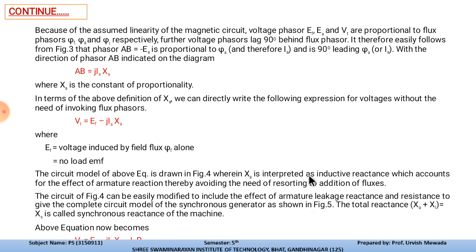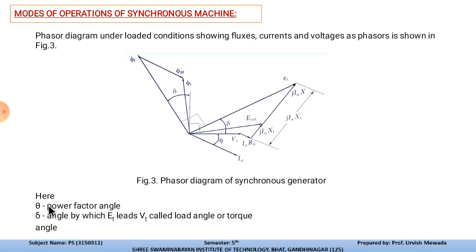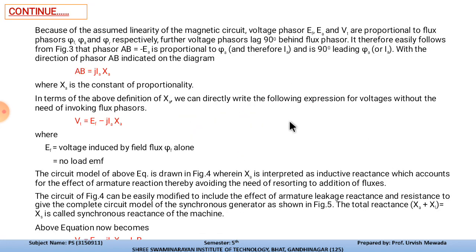Now the figure can easily be modified. Yes, it can easily be said that VT is equal to E minus jIAXA.